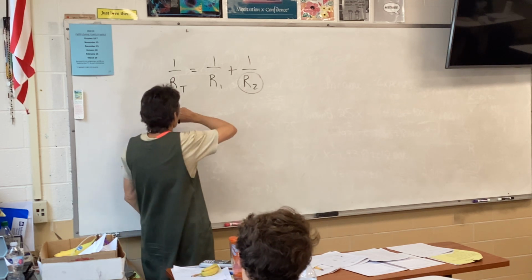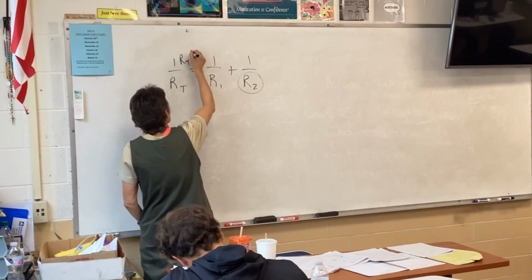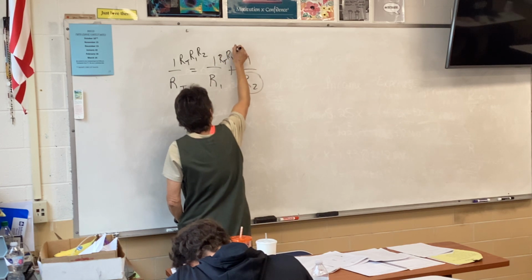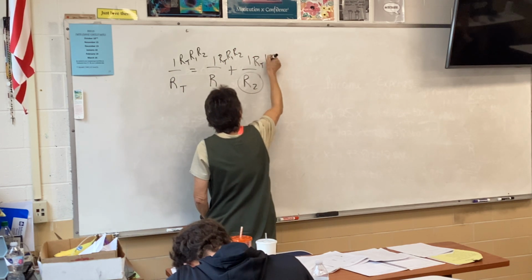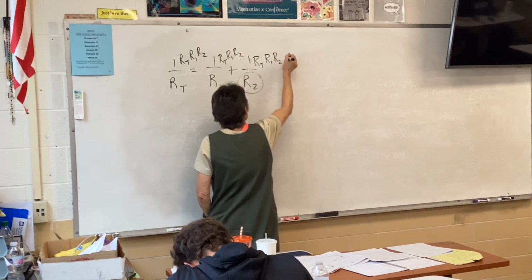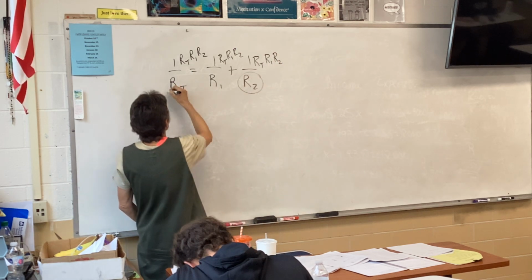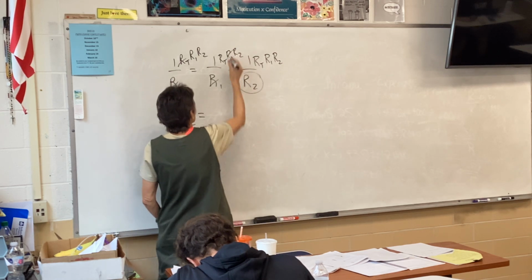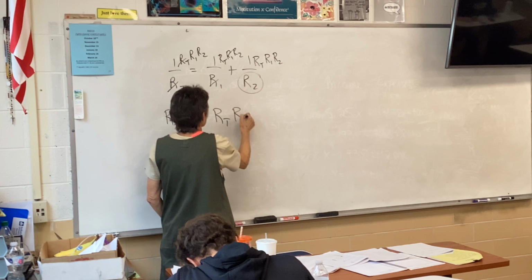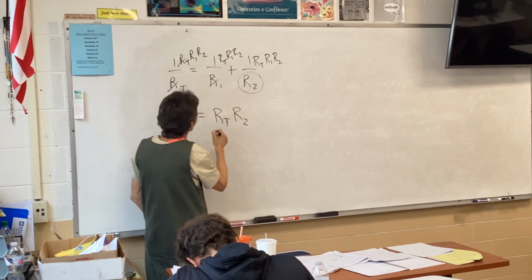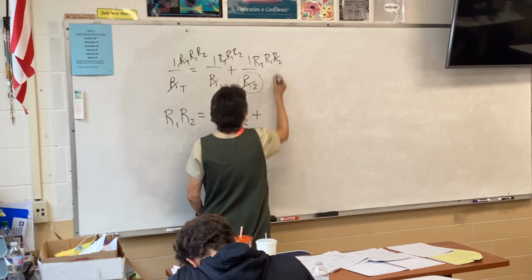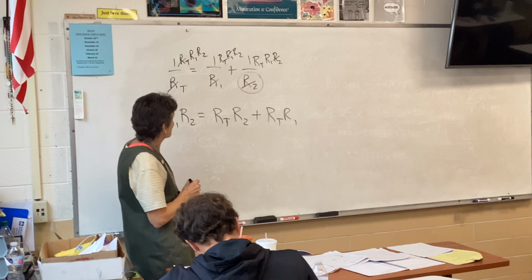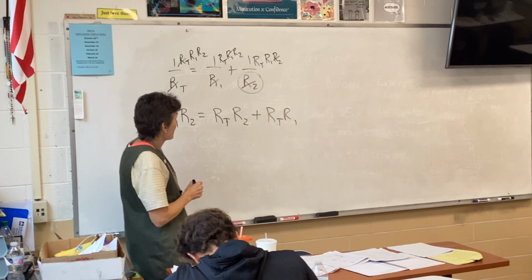Clear the fractions? All right, I can clear the fractions. I don't know what that's gonna look like, but we will bravely forge ahead here. So I'm gonna have r sub 1, r sub 2 equals r sub t, r sub 2 plus r sub t, r sub 1. Does that look okay? Oh yeah, this is gonna be easy.